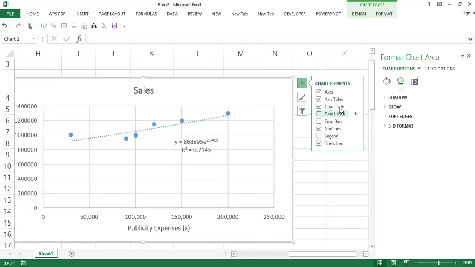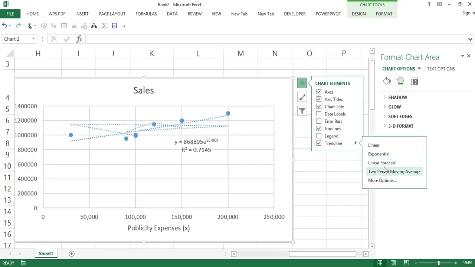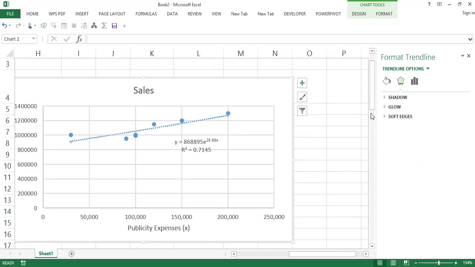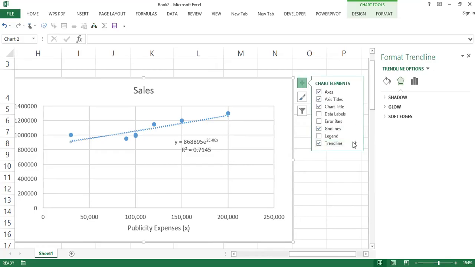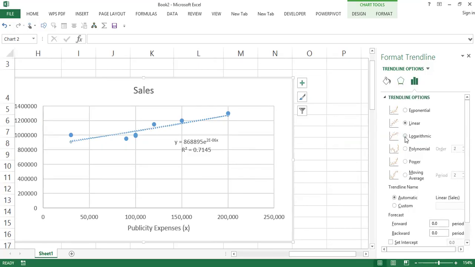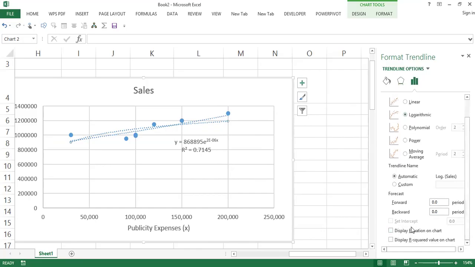Then for logarithmic, there's the logarithmic regression. If you do logarithmic, you can see how it is.